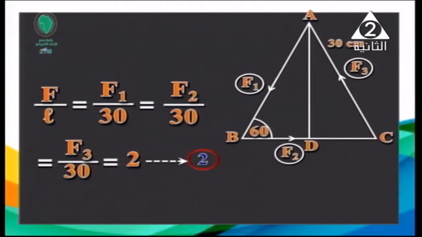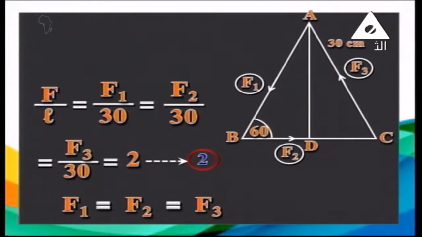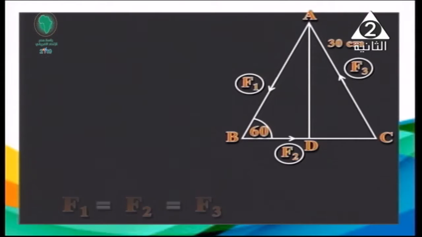This relation between the force and each side equals the scale F over L equals 2. By using cross multiplication, we find each force. We find F1 equals F2 equals F3.